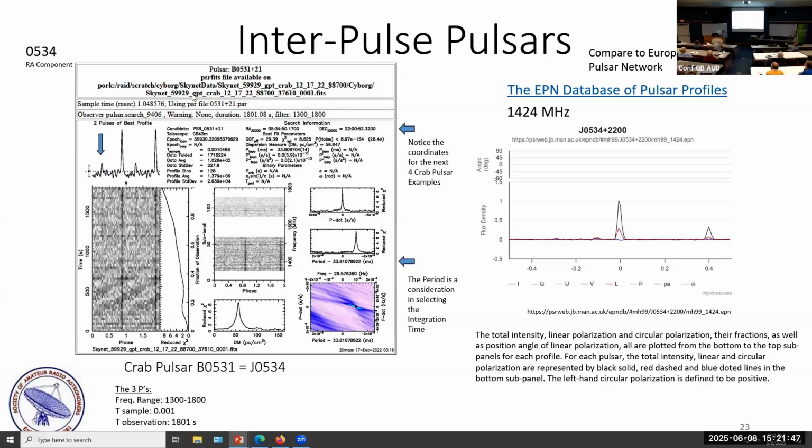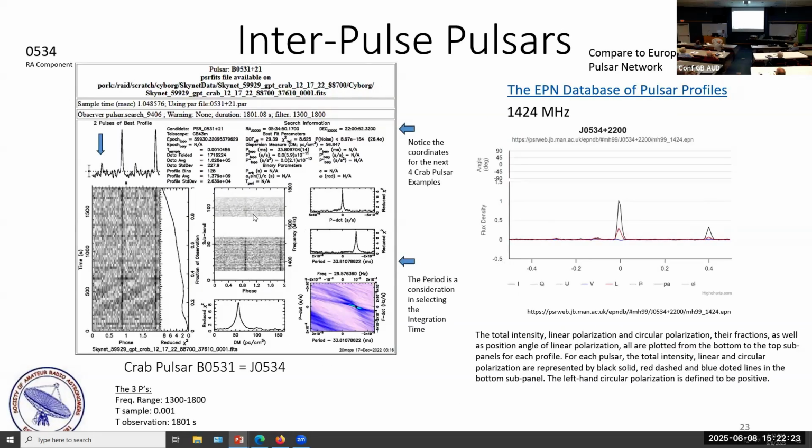And for the Crab pulsar, I know that the interpulse is basically right in the center of the pulses. Pretty sure this is the interpulse. The thing to remember is you have your information up here. The sample time is the integration time, so it's here. The duration or observation time is here. And the filter is up here.